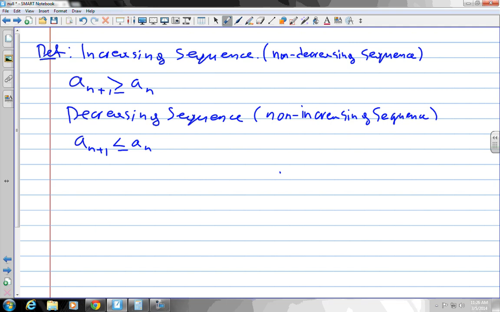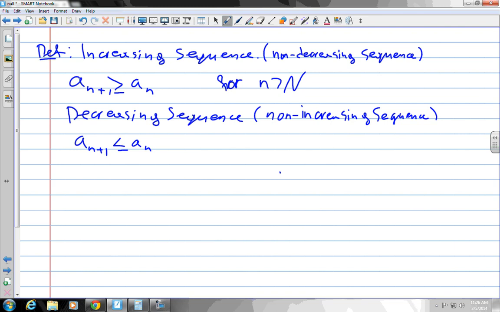I think your book, if I remember it correctly, is being very strict. It'll just say increasing sequence, a sub n plus 1 is greater than a sub n for all n. Or a sub n plus 1 is less than a sub n for all n. I don't care about all n, but I'll say for some n's that are greater than, at some point it starts increasing or decreasing.